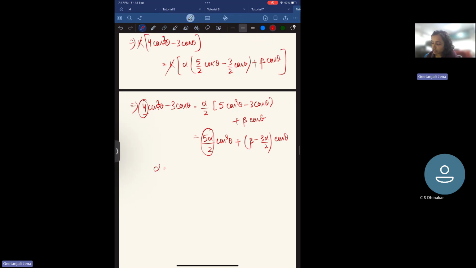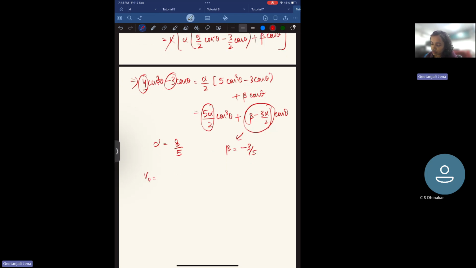So that means α is 8/5. And β minus 3α/2 is minus 3. Check it once, this will give β is minus 3/5. So V0 is K/5 times (8 P3(cosθ) minus 3 P1(cosθ)).